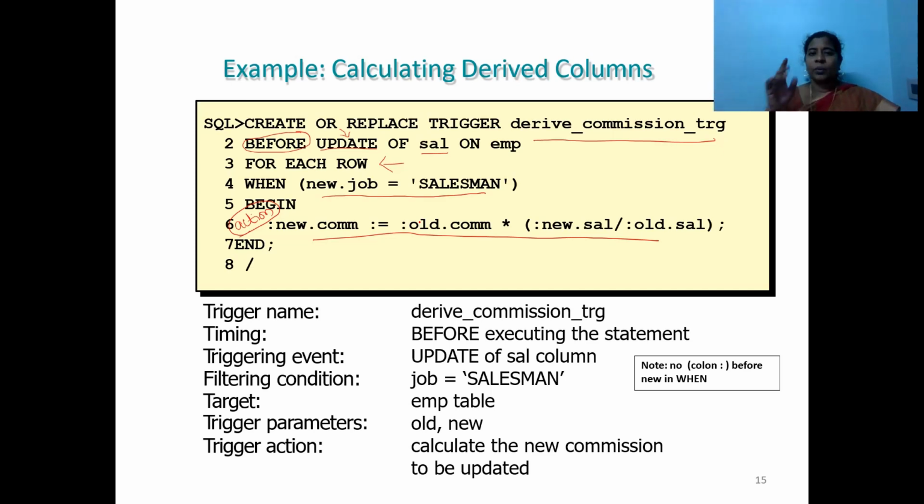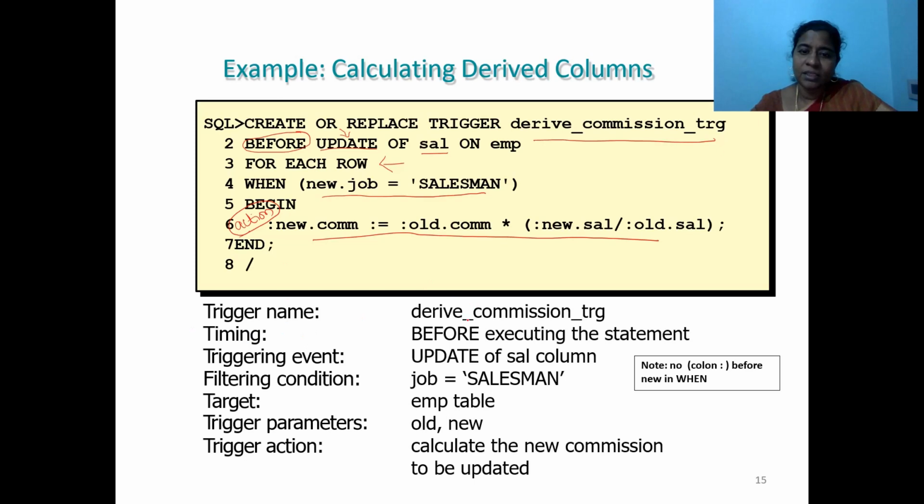Whenever you're updating the salary column on the employee table, and the job is salesman, then you have to calculate the new commission, because now you have changed the salary. Based on the salary, commission has to be modified, right? So new commission is equal to old commission into new salary divided by old salary. For each row this modification will be done.